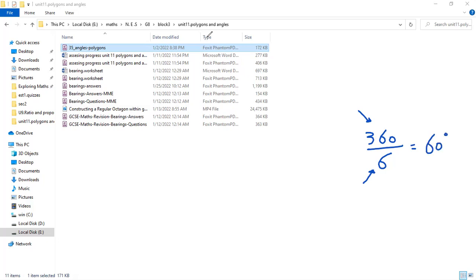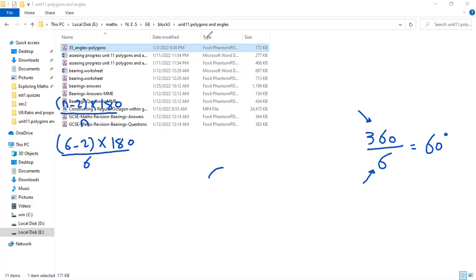And you can find the exterior angle if you find the interior angle. The interior angle equals what? It's (n minus 2) multiplied by 180 divided by n. So 6 minus 2 multiplied by 180, divided by 6.